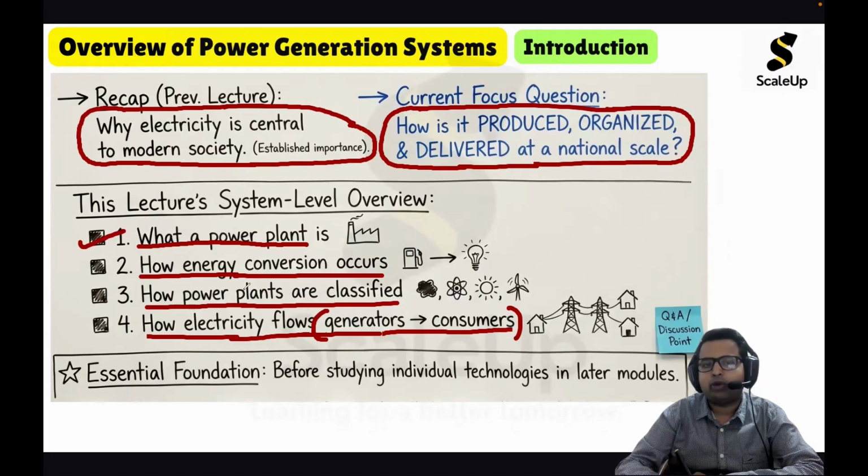We will be able to answer all these questions by the end of this lecture. And this lecture is a very important, essential foundation. Before diving deep into individual technologies, it's very important for us to get an overview of power generation systems, and that is what this lecture is about.